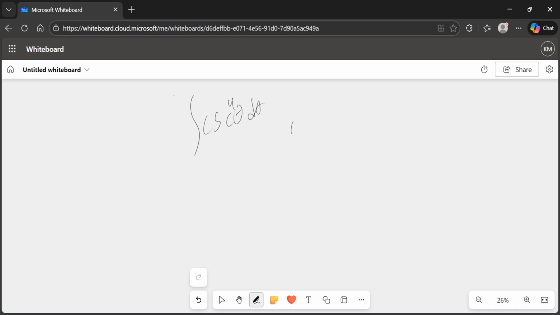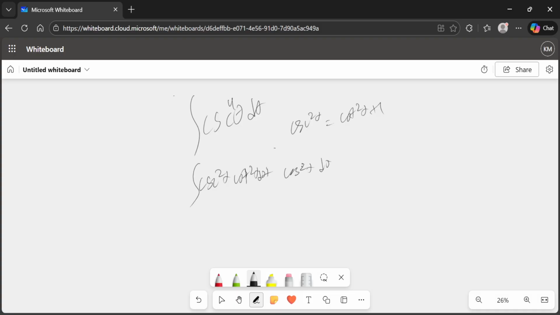So then that's equal to, that makes no sense. Hold on. What is it? Cosecant squared theta equals cotangent squared theta plus 1. Okay. So you get cosecant squared theta cotangent squared theta plus cosecant squared theta d theta over here.